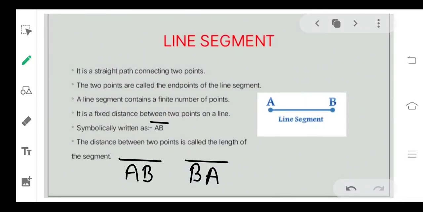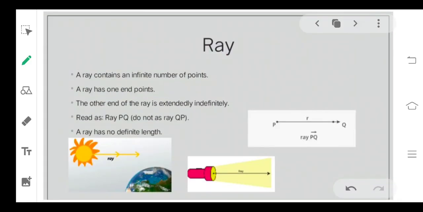Students, a line segment we read as line segment AB or line segment BA. But a ray we do not read as QP. The symbol of a ray is, for example, here you can see PQ, so we are going to write it this way.